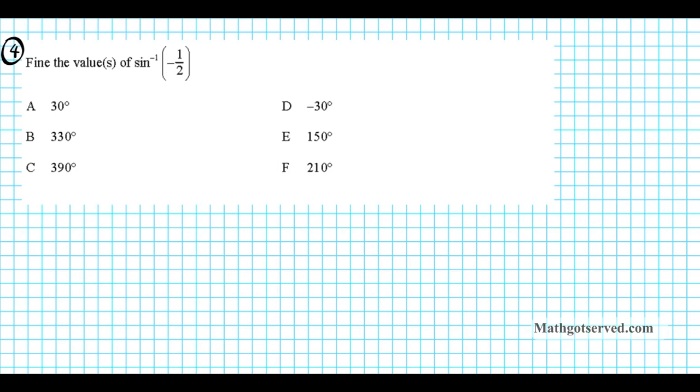If we say some angle theta is equal to the inverse sine of negative 1/2, what does that mean? This follows that if I take the sine of both sides, I'll have sine of theta is equal to sine of the inverse sine of negative 1/2.